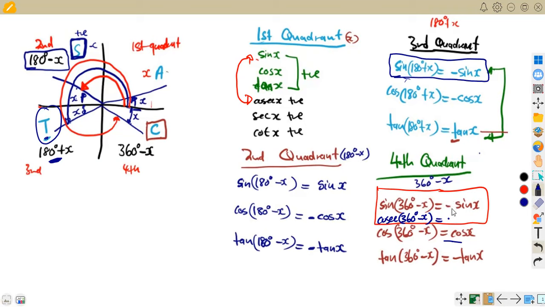This is going to give us negative cosec x, because cosec carries sine in its simplification. So we are going to have a negative where there is cosec 360 minus x.